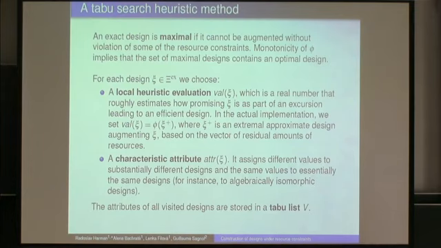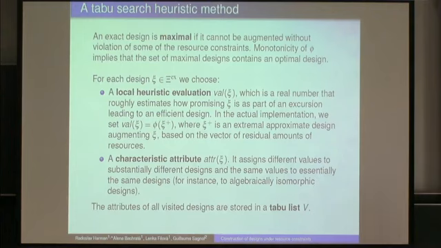And what is perhaps a little bit surprising is that this evaluation depends also on some approximate designs. So not only on the values of the criterion in these exact designs, but also on values of approximate designs, because the local evaluation is the criterion value of an extremal approximate design that augments xi. Also, the residual amounts of resources come into this evaluation, but I do not want to be technical. I just didn't put the formulas here.